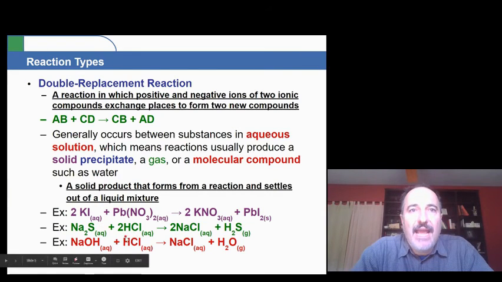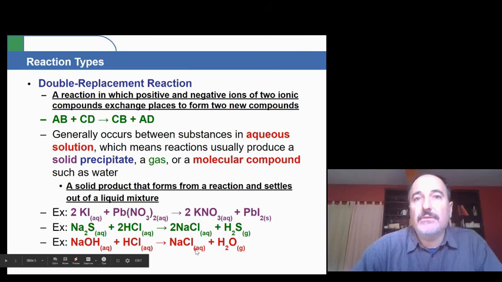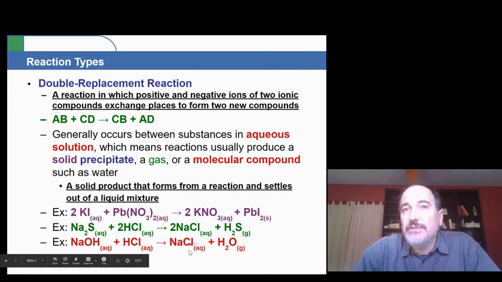If you notice, the H here will go and replace the Na here, and it'll become HOH, in other words, water, H2O. And then the Na will be bound up with the Cl to form NaCl, sodium chloride, table salt. But since it's an aqueous solution, it's basically salt water, and you produce even more water.